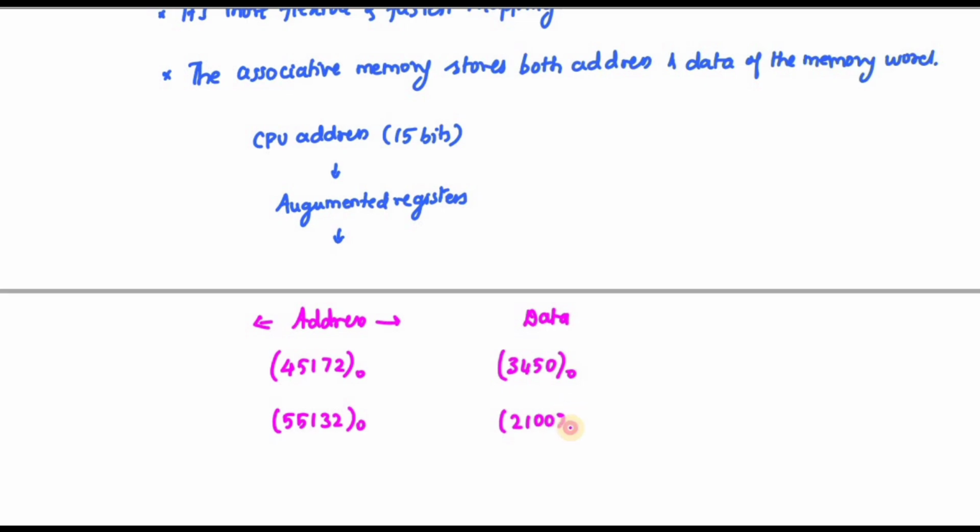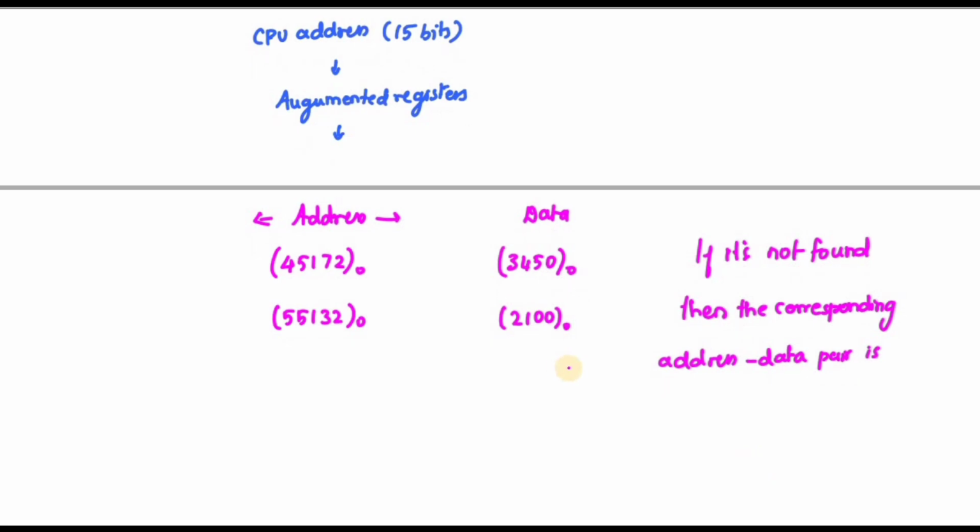Here the associative memory is searched for the matching address. If the address is found, the corresponding 12-bit data is read and sent to the CPU. If no match occurs, then the CPU accesses the main memory. Then the address-data pair is transferred to the associative cache.